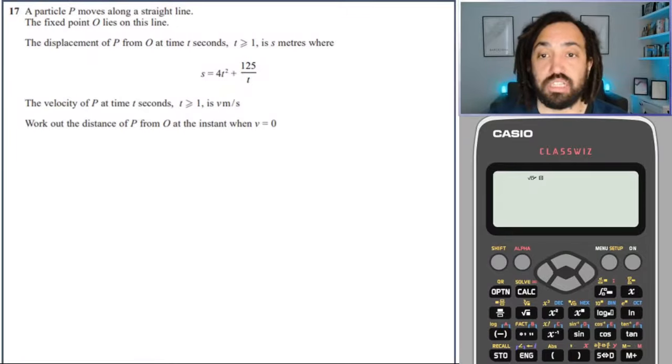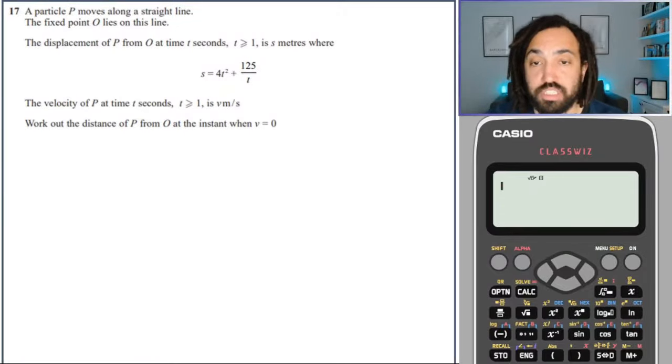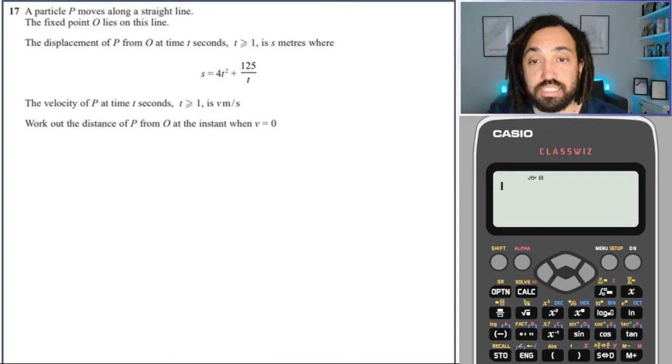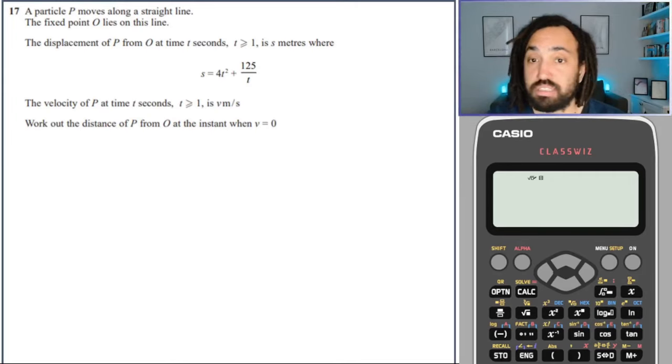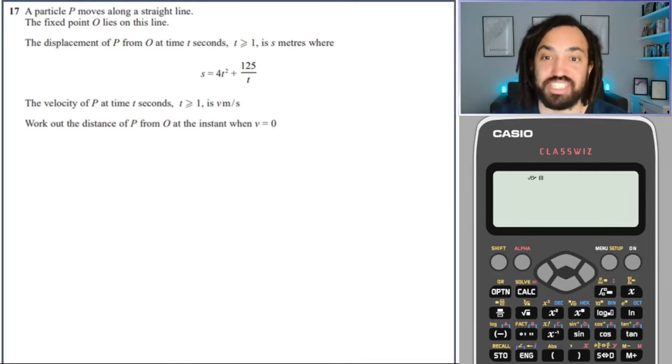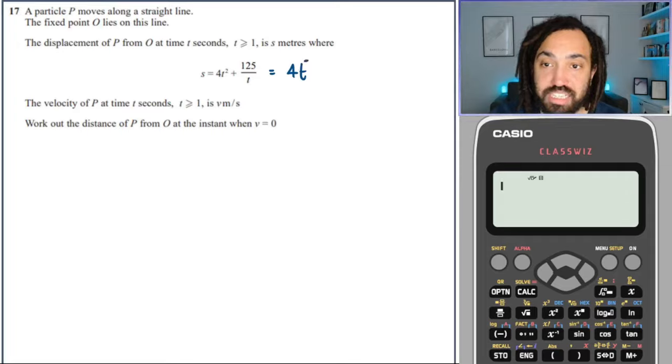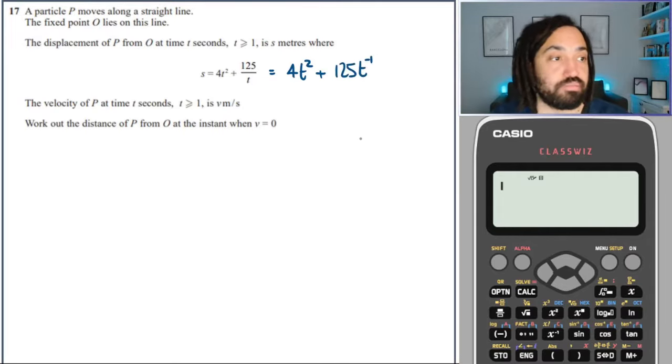Okay, next question. This one's slightly more difficult because we've got to differentiate a function with a reciprocal in it, but that is always the first step, differentiate. So we need to write this out slightly differently as 4t squared plus 125t to the -1.